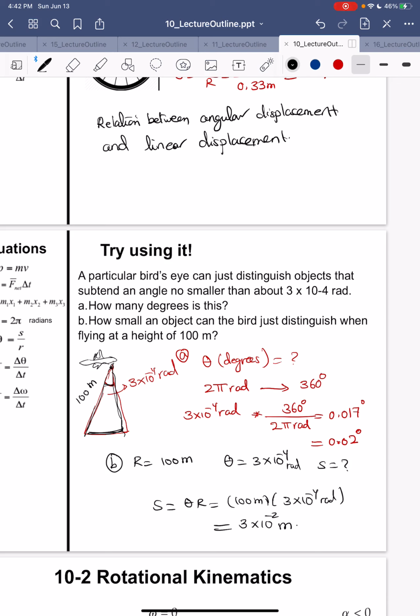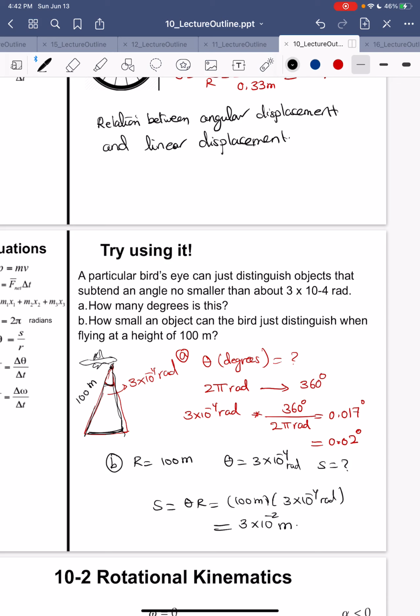How many degrees is this? Of course, if I want to find how many degrees, we can convert from radians to degrees, multiplying 3 × 10⁻⁴ radians times 360 divided by 2 pi radians, and this is going to be 0.017, which is 0.02 degrees.